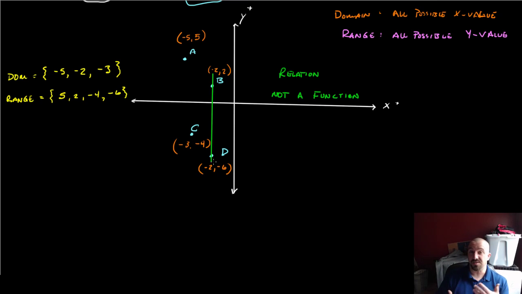We can generalize this and say that if a vertical line connects any 2 points on a graph, then those 2 points violate the definition of function. Because of that, we get something called the vertical line test. That vertical line test is simply a test on the definition of function. If you take a vertical line and sweep it through your graph and it touches it more than once at any part, it's not a function.